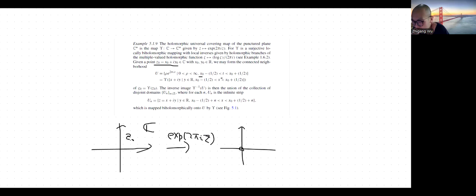Here I want to be a little bit careful. This t is between negative one half and positive one half, and this rho is between 0 and infinity.